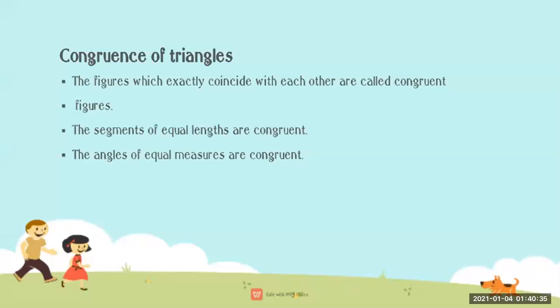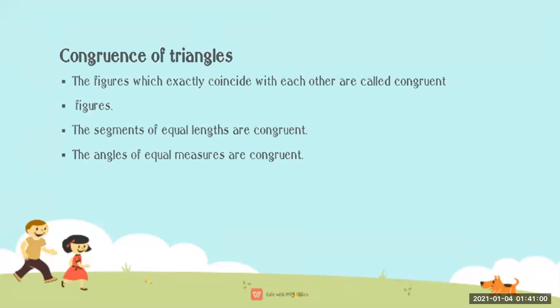Now, first point, the figures which exactly coincide with each other are called congruent figures. Now here, if any figures exactly coincide, coincide means same with each other, that is called congruent figures. The segments of equal length are congruent.